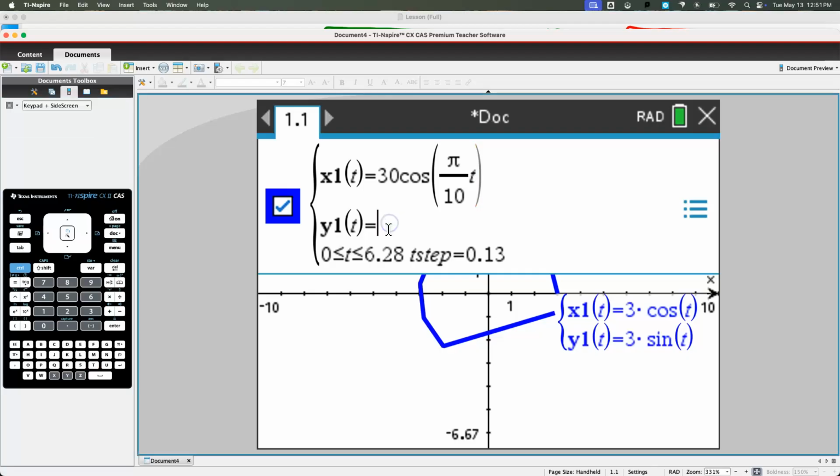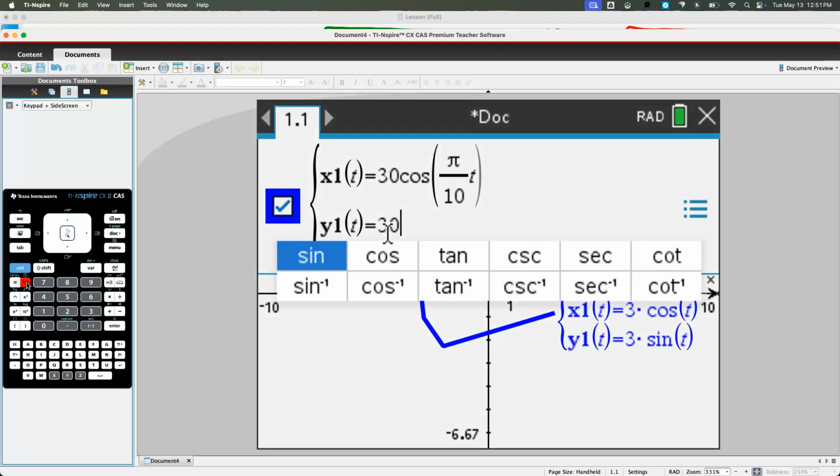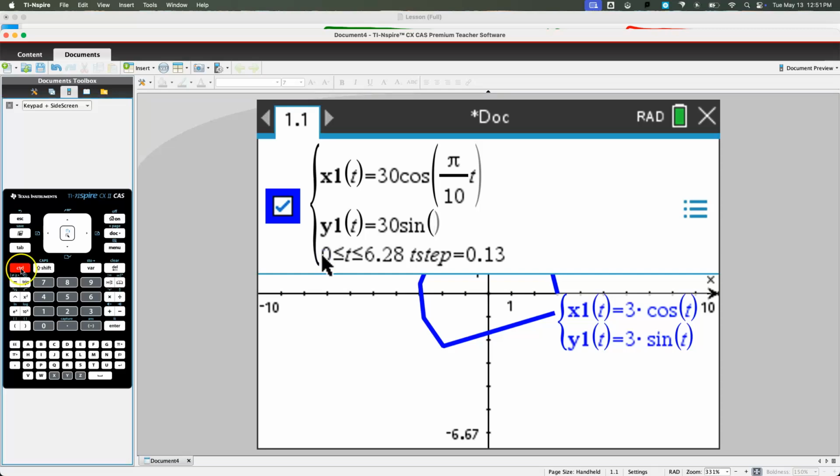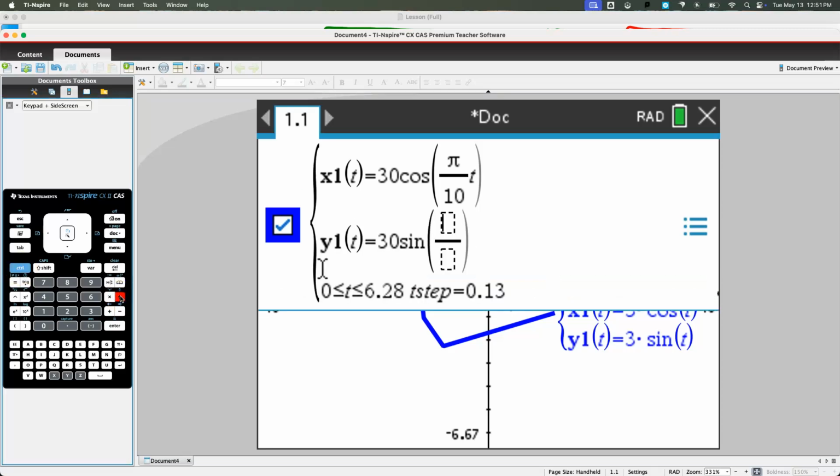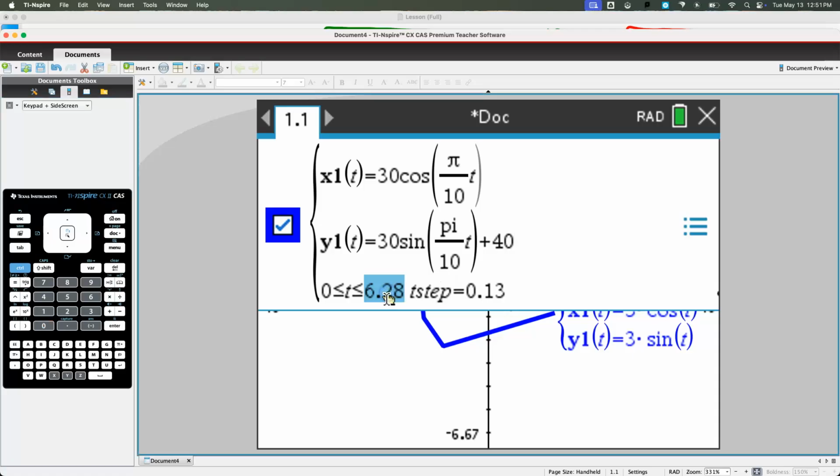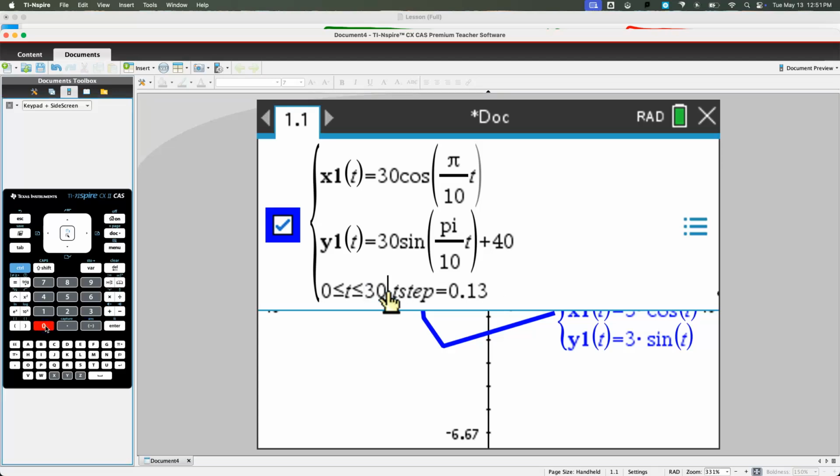Y value was 30 sine. If you don't like using the keystroke to find pi, you can always just type in the word pi over 10 t. Then that one had a plus 40 on the end. And we said that we needed this number to be at least 20. I'm going to go 30 with it.